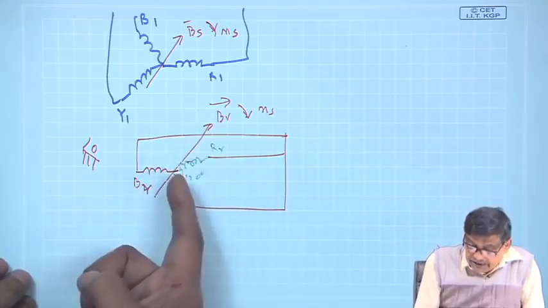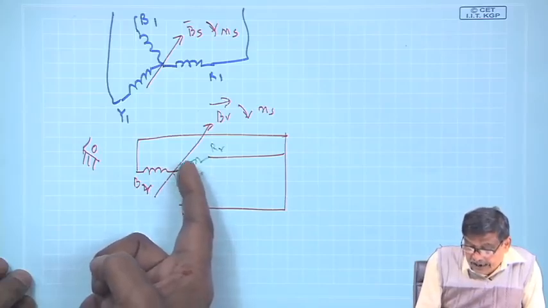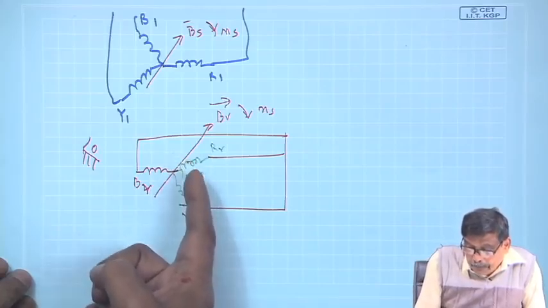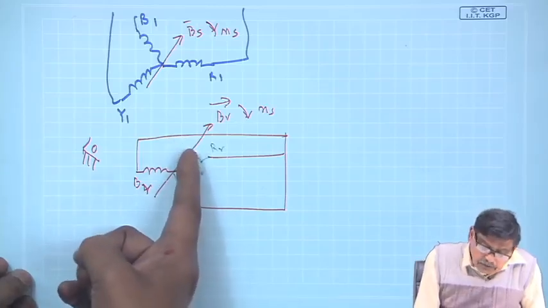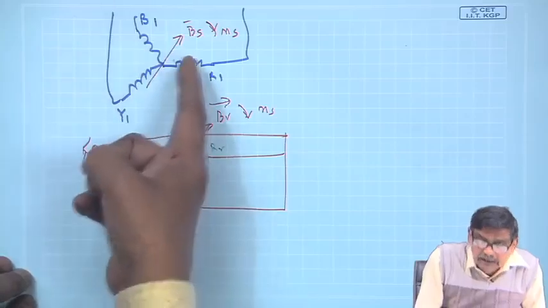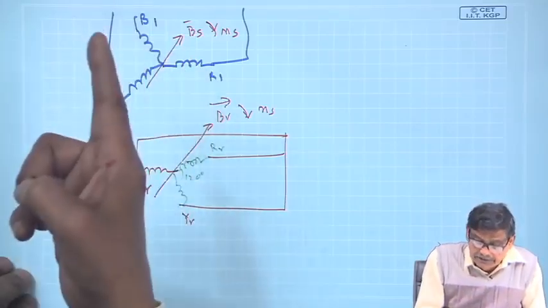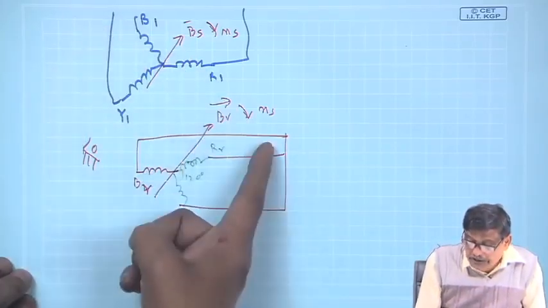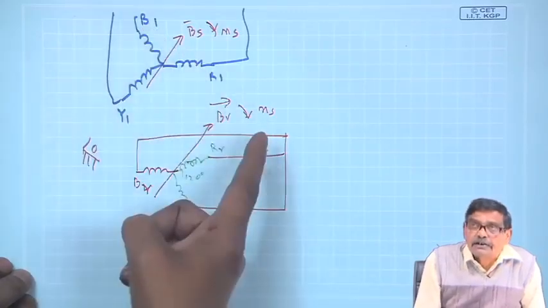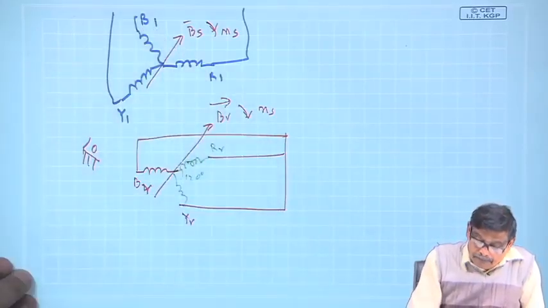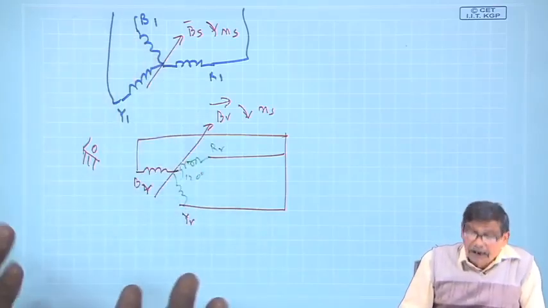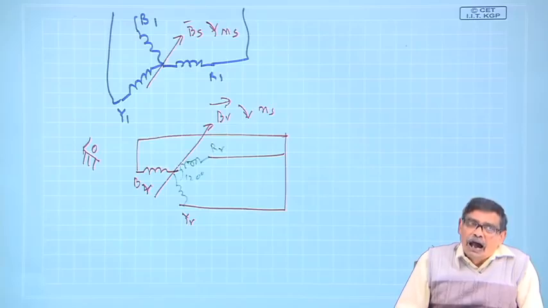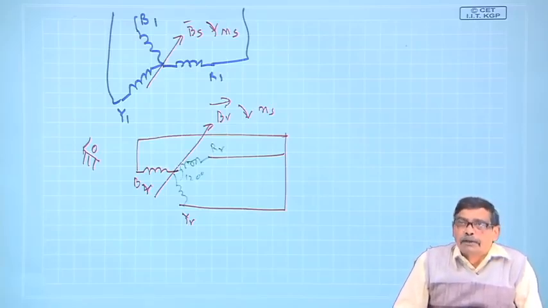Because there is a relative speed Ns minus Nr between the coil and Br. Is Br going to induce voltage in the stator coils? Yes, because the stator coil is stationary and Br is moving with speed Ns with respect to the stationary coil. Apart from that, Bs is inducing voltage here. So, these are the issues now. We must know very clearly what is then going to happen.